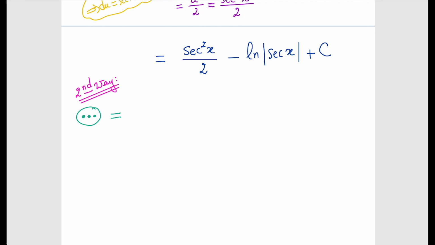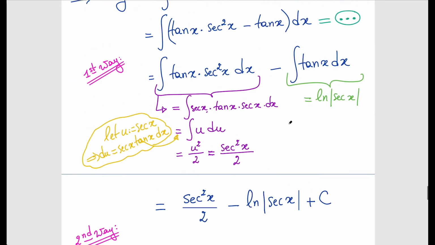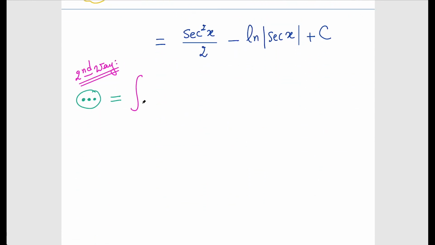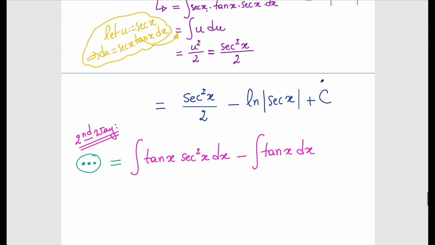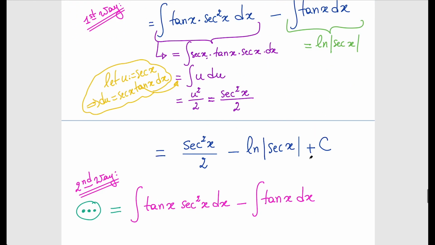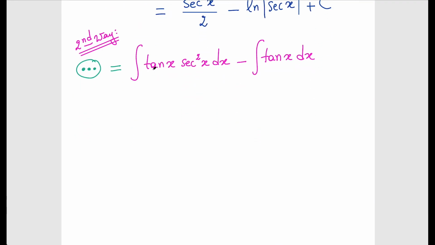So what do we have? We have this guy, the integral of tan x secant squared x dx minus the primitive of tangent x dx. That's what we had above, that's what the triple dots are. All right, and I told you that you can actually set u to be tangent.